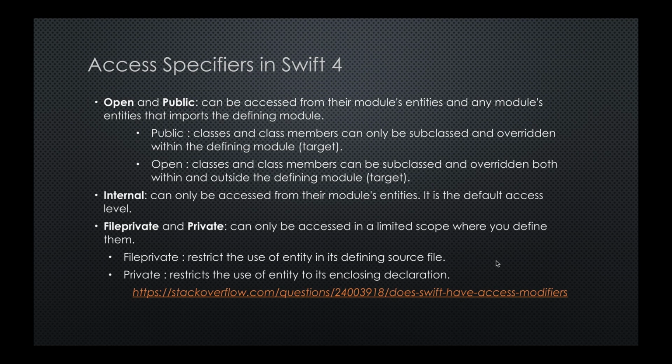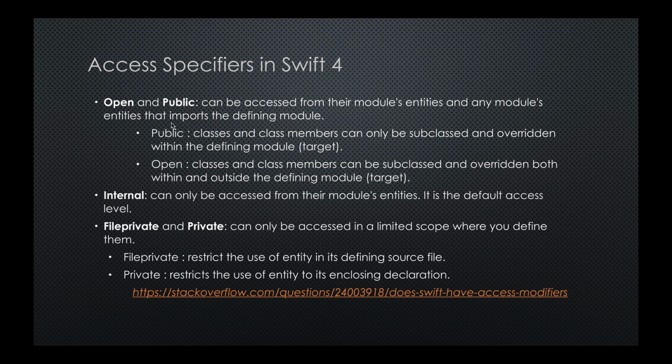So fileprivate, as the name suggests, is about the file. When you define anything with fileprivate, it will be accessible in that particular file, whereas if you define something private in an enclosing declaration, like inside a function, it will be used inside the function only. So private restricts the use to the enclosing declaration, and fileprivate makes it available in the file only, where you have defined it.